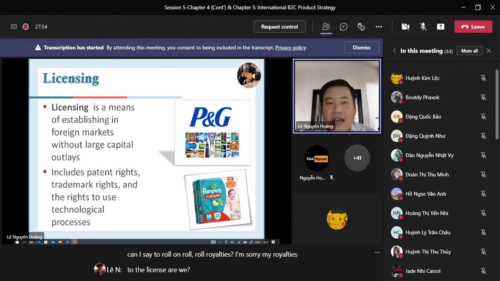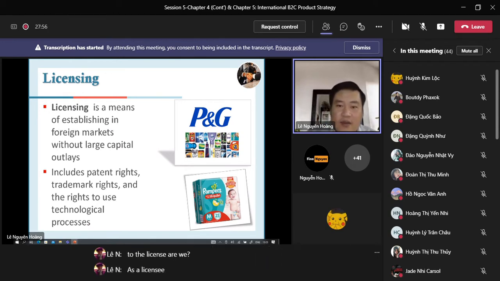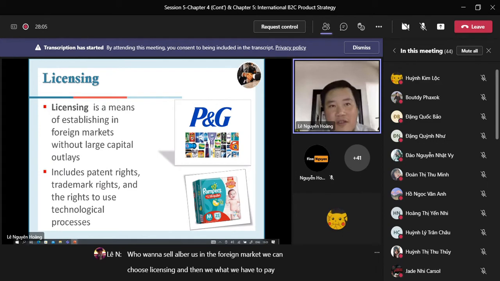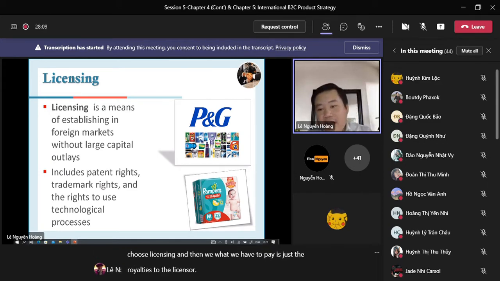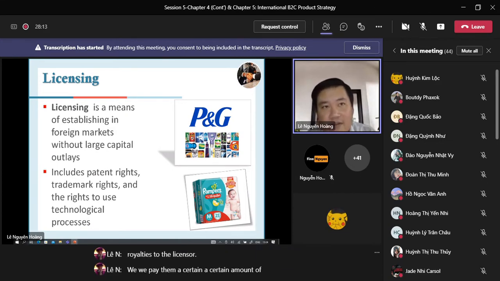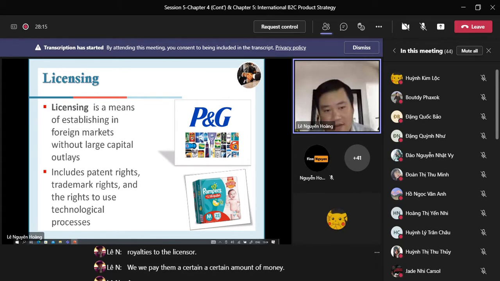We, as a licensee, who want to sell our products in the foreign market, can choose licensing, and then we just pay a certain amount of money as a fee.